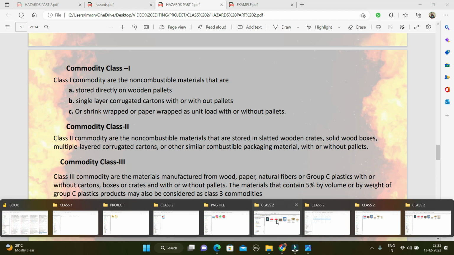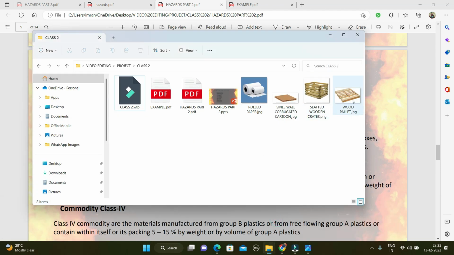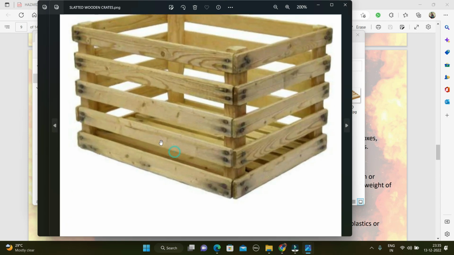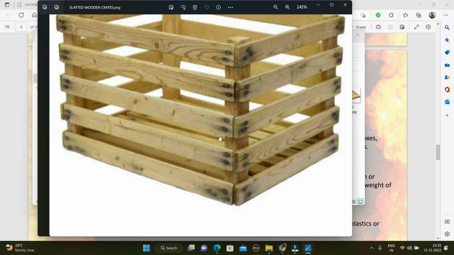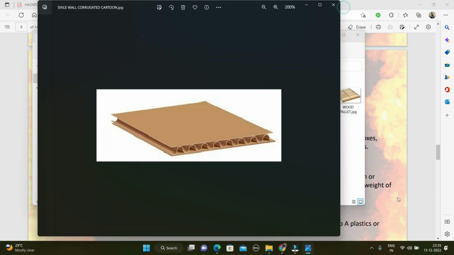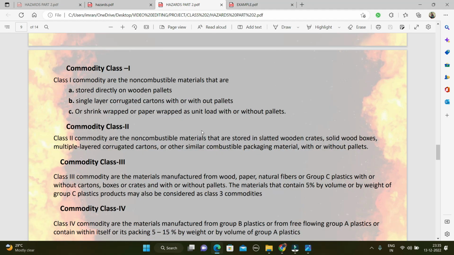We know slatted wooden crates like this one, this is slatted, this is slatted, and also wooden. This is called a slatted wooden crate. If any material is stored inside this one, then we will consider it as commodity class 2.